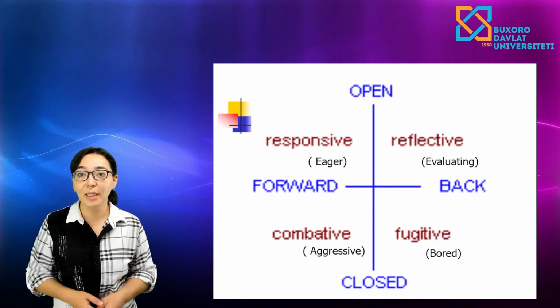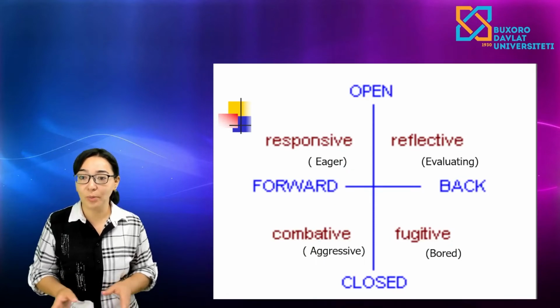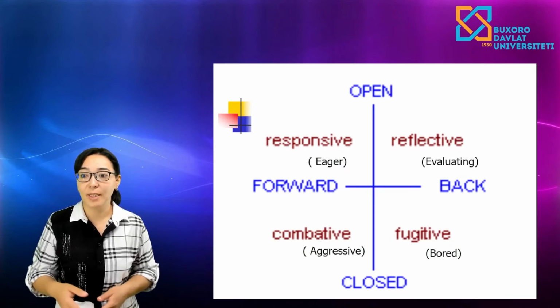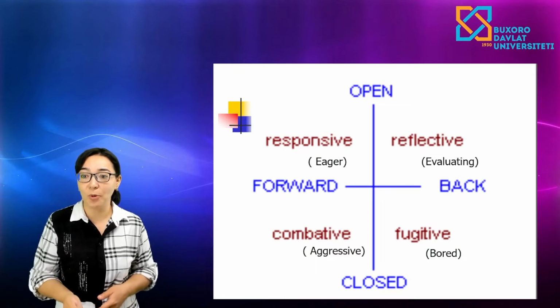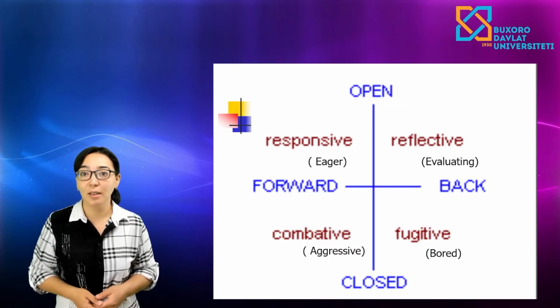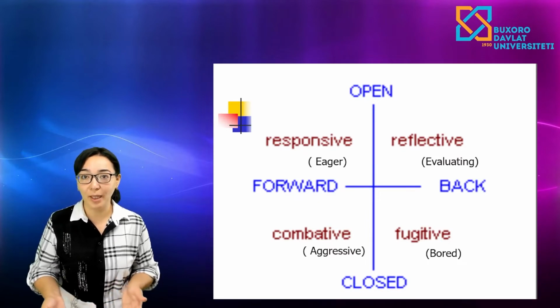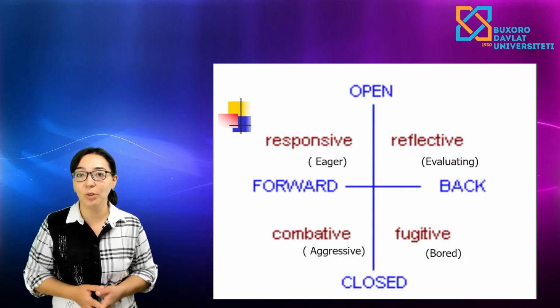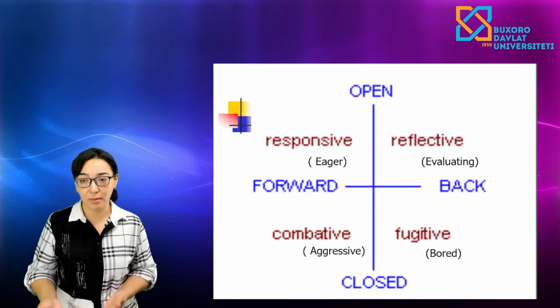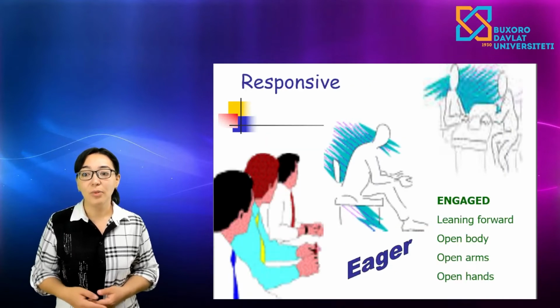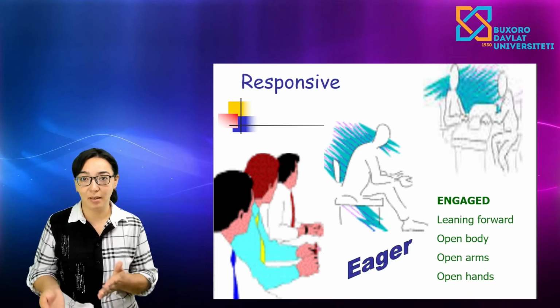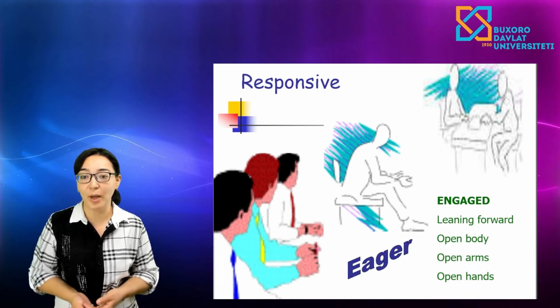Here you can see the layout of the forward-back or open-closed frame. For example, forward-back refers to responsive, reflective postures or combative, figurative, or aggressive ones. Here you can see the layout of this rule. So, responsive: here you can see the picture of the responsive one.